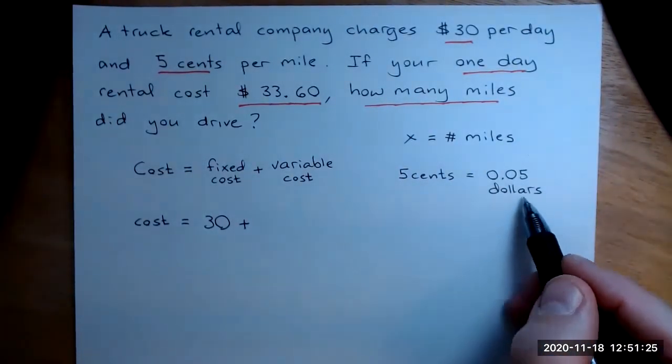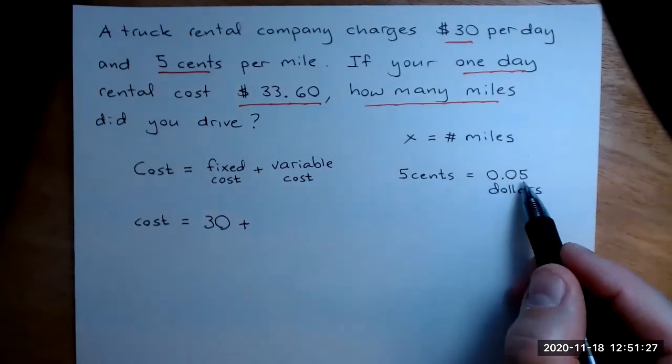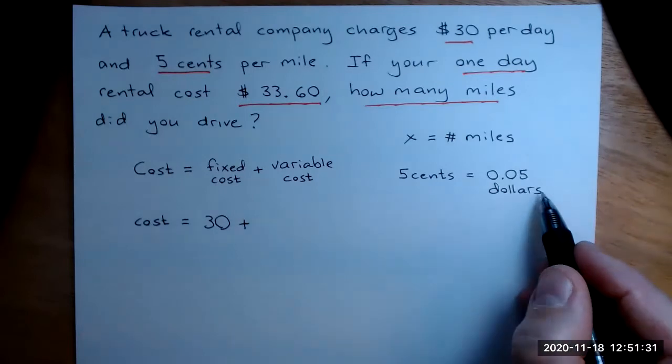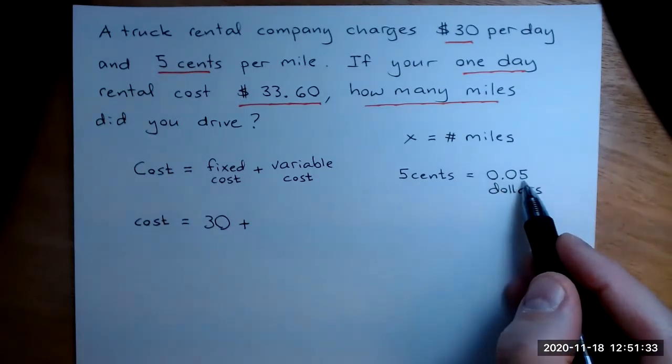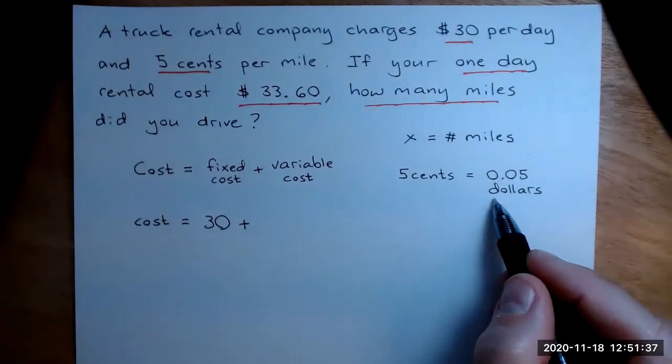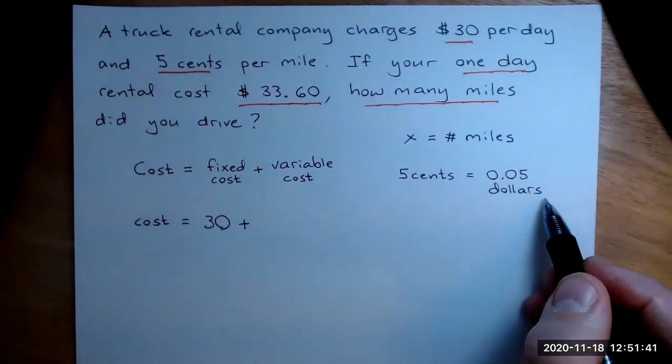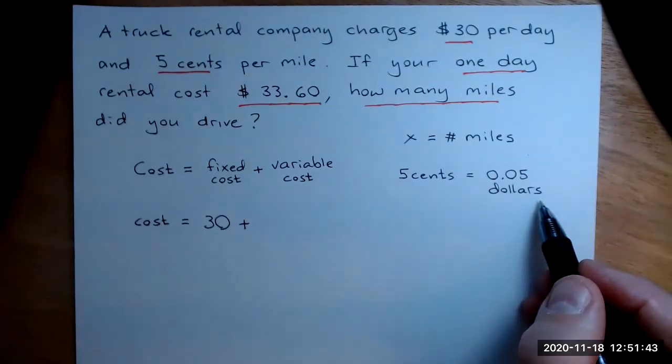So if you drove 1 mile, they charge you 5 cents. If you drove 2 miles, it'll be 5 cents times 2, or 10 cents. If you drive 3 miles, that's 5 cents times 3, or 15 cents.